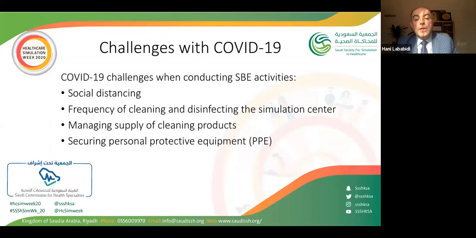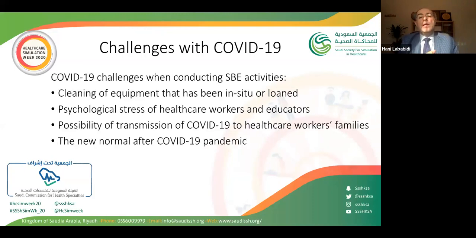So, you know, the yellow gowns, the masks, the head cover, and the gloves. And these days, there's a kind of shortage. Now, alhamdulillah, we're back to normal because COVID-19 is much less than before. The other challenge is if you want to loan equipment or in situ, you have to clean this equipment.